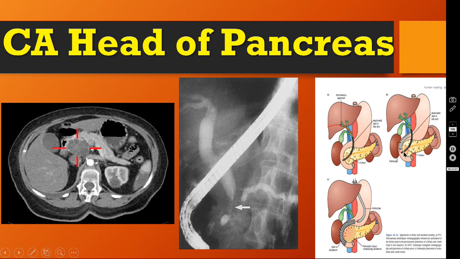So endoscopic stent you can put by using an ERCP, this is the stent, or you can do it through the liver, that is percutaneous transhepatic stent also you can put. If you want to put a stent in the duodenum, you can use an upper GI endoscope, you can put this stent in order to avoid gastric outlet obstruction. Because of the tumor here, the duodenum may get compressed.